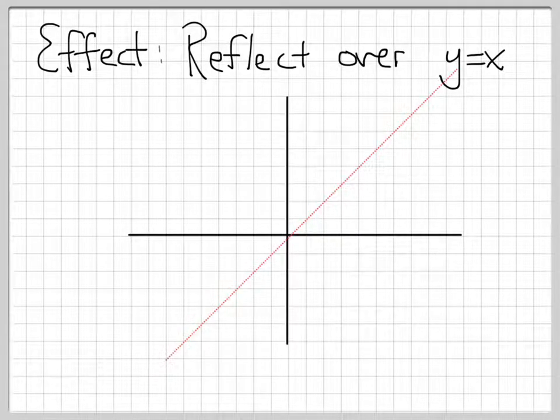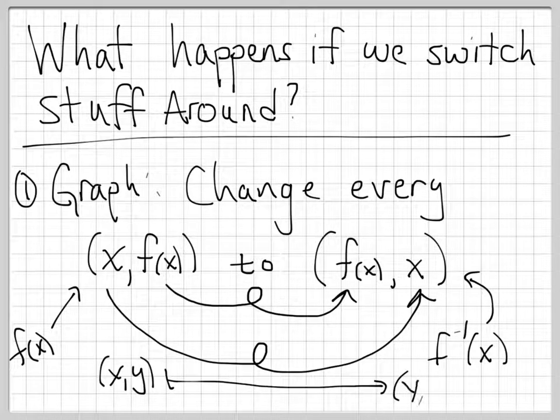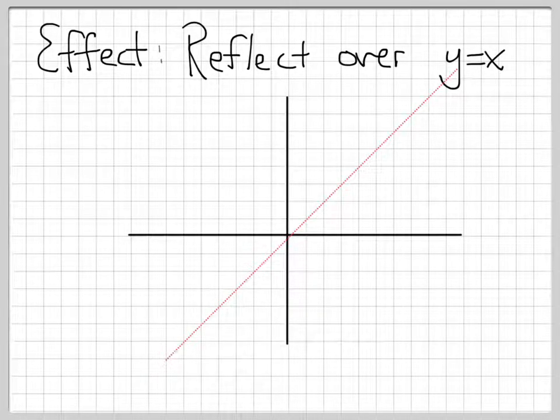And so the effect of changing (x, y) to (y, x) is the same as reflecting over y equals x.